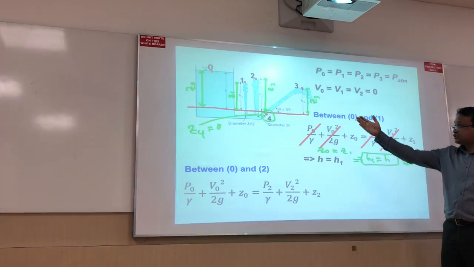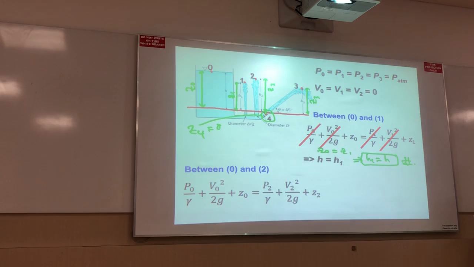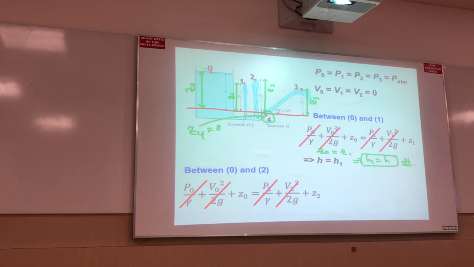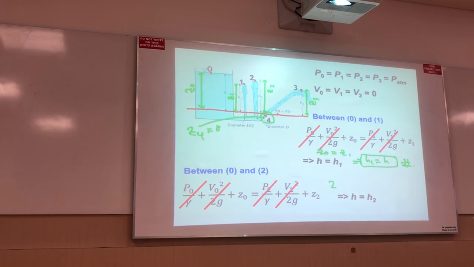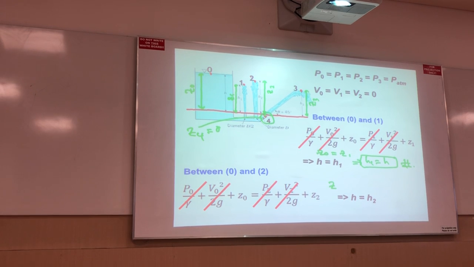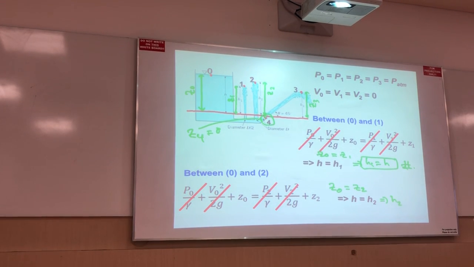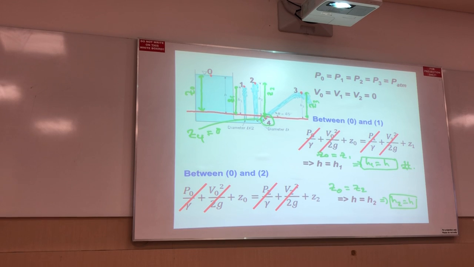So H2 becomes H. This is the answer. Then I can do this one. Then I can write H becomes H2 because Z0 becomes Z2, or I can write H2 becomes H. This answer.